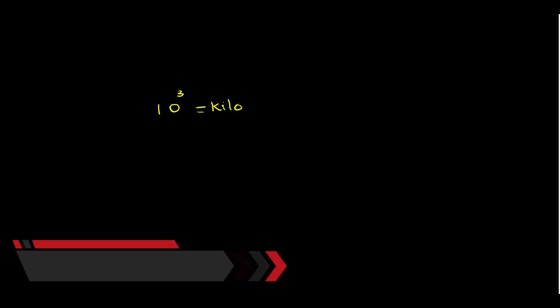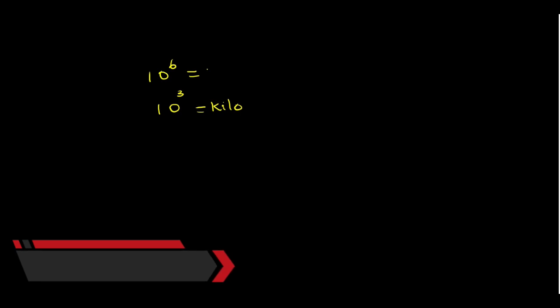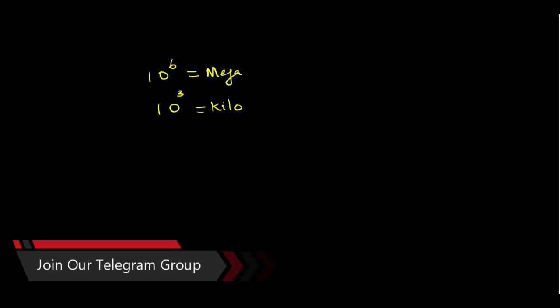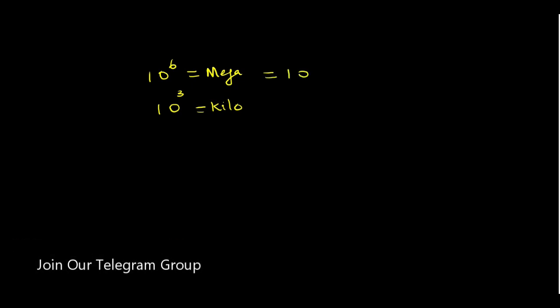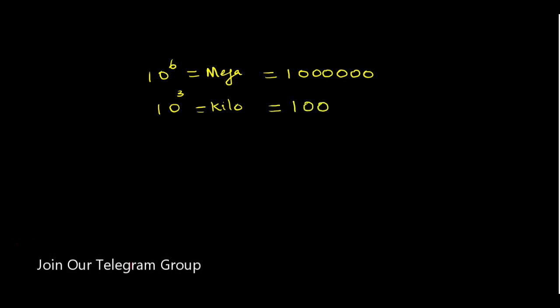Then 10 to the power 6 is mega. 10 to the power 6 means 1 followed by 6 zeros. So what about 10 to the power 3? 10 to the power 3 means 1 followed by 3 zeros.